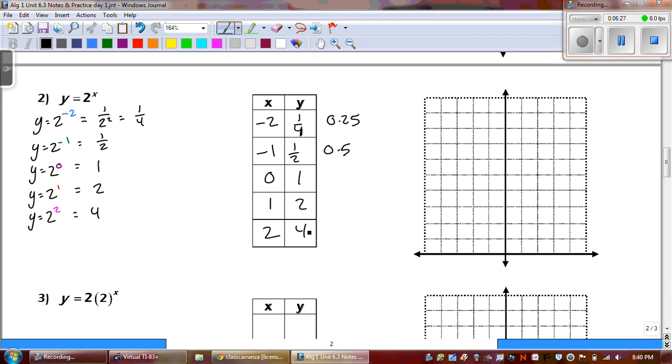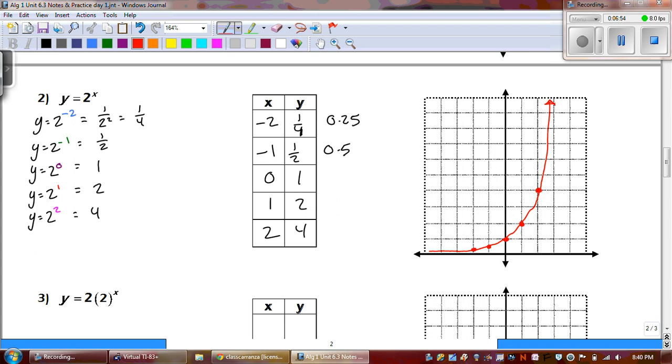So let's go ahead and graph that. -2, 1/4, you can kind of do that. 0, 1, 1, 2, and 2, 4. As I'm graphing this, I kind of want to make it nice and curved.